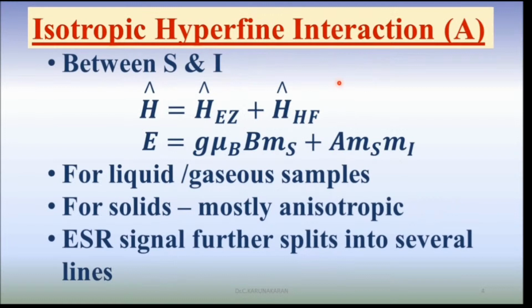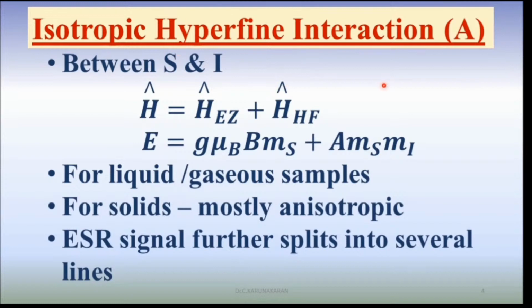Similar to the spin-spin coupling constant in NMR, in ESR we have hyperfine coupling interaction, or hyperfine splitting. It is represented by A, whereas in NMR it is represented by J. It occurs due to the coupling between the electron spin magnetic moment and the nuclear magnetic moment.